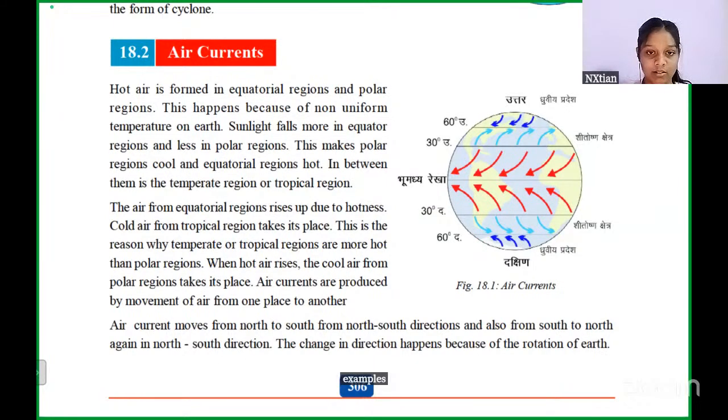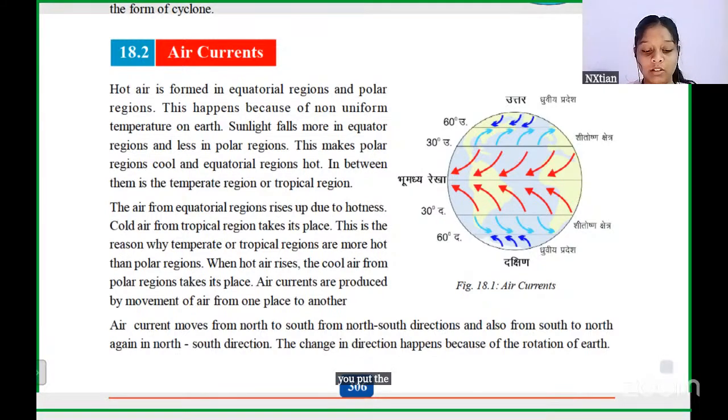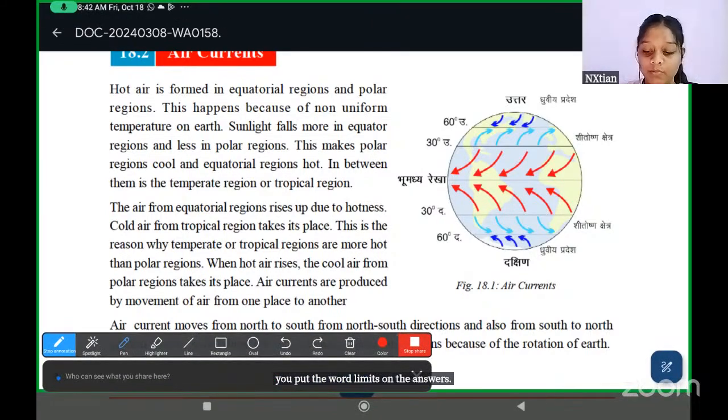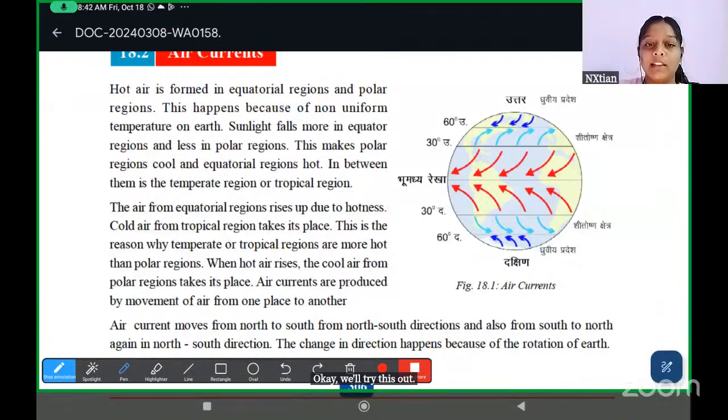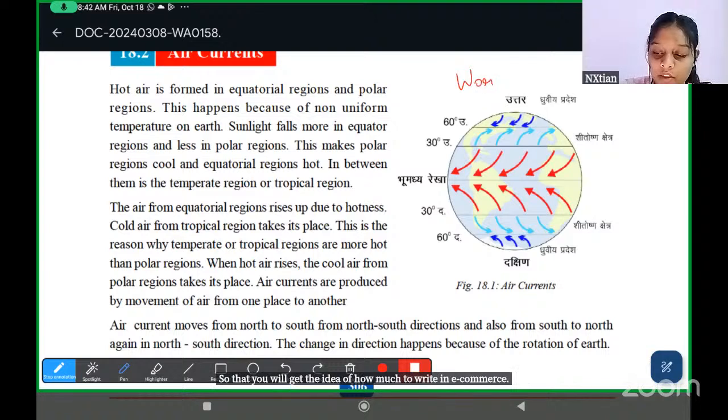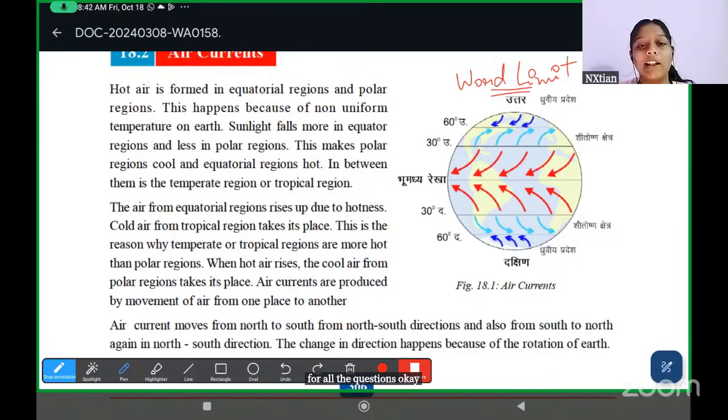Examples along with it. Okay, next time onwards, I've decided to put word limits on the answers. We'll try this out so that you will get the idea of how much to write in each answer. We'll put a word limit for all the questions, or we will classify it as short answers with word limit this to this, then long answers, 5 marks answers, 6 mark answers with word limit this to this.